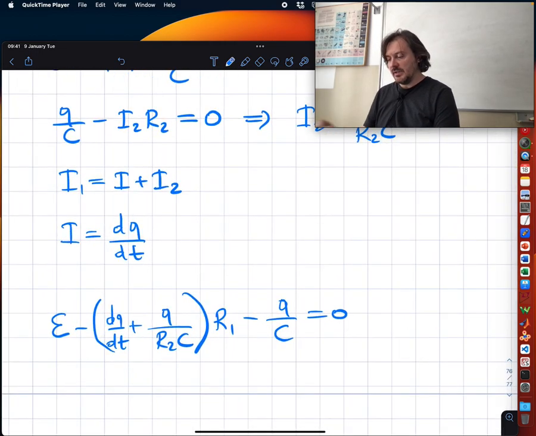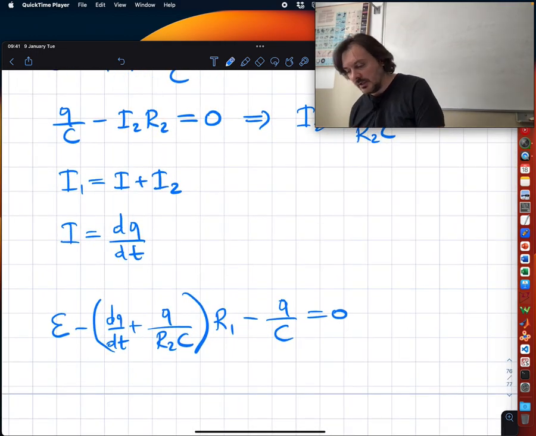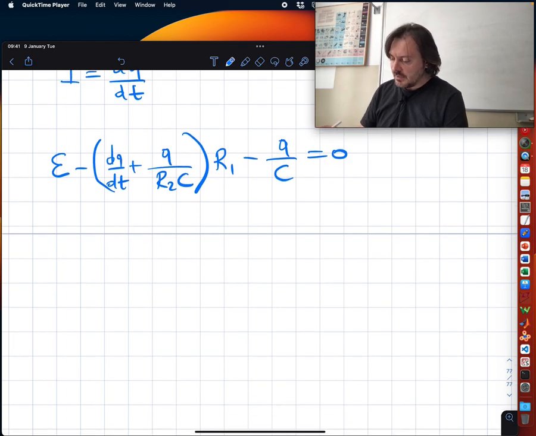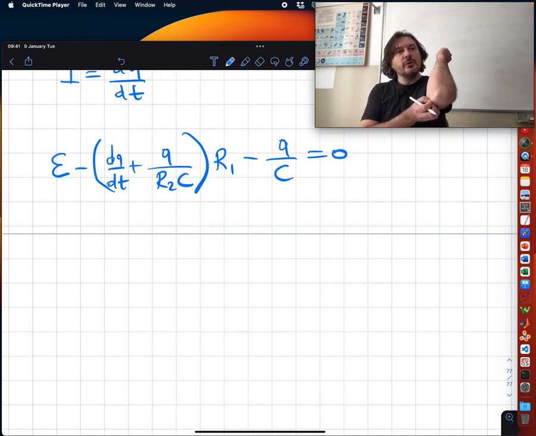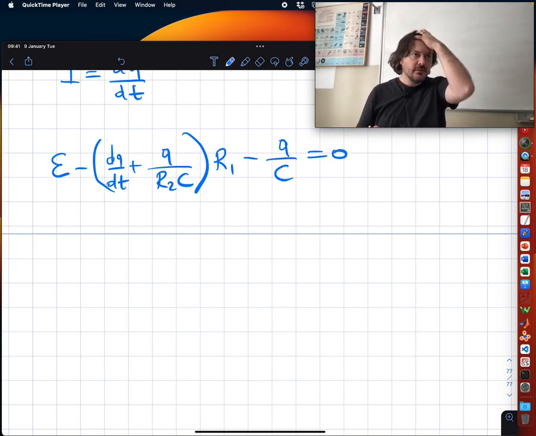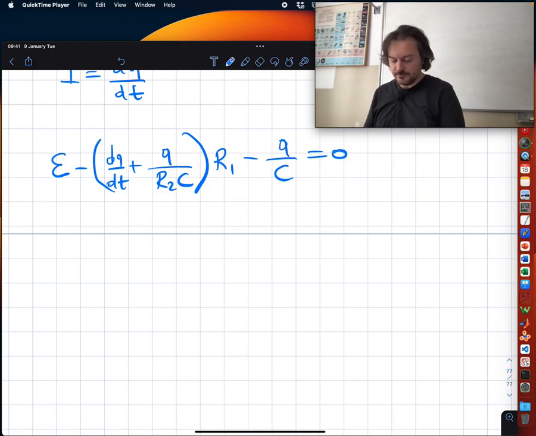Do you see I already have my equation? Just one equation with a single unknown q. It's a first order differential equation, and I will use the same trick. By the same trick, I mean I will leave q alone, and I will collect q's on one side, t's on one side, and solve this. So let me rewrite it.